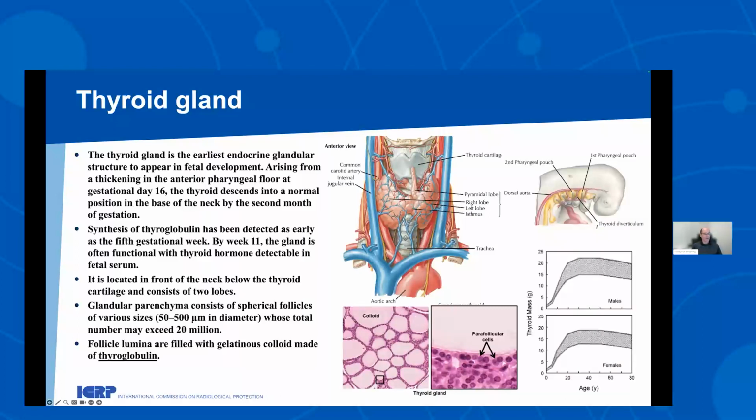Here you can see thyroglobulin as a component of the follicle, and the masses of thyroid glands are really variable. For males and females you can see these features, and there is substantial variation among individuals and among different populations.